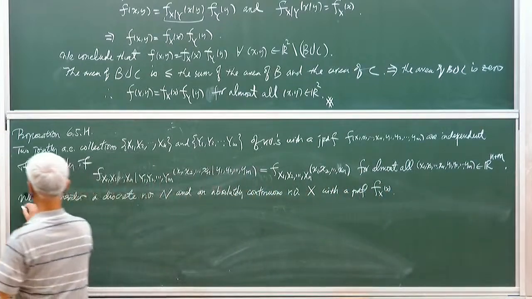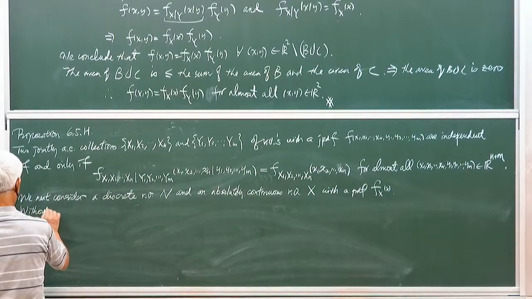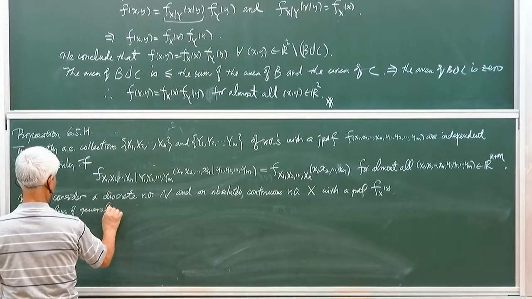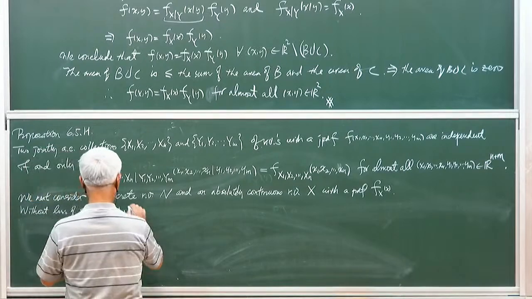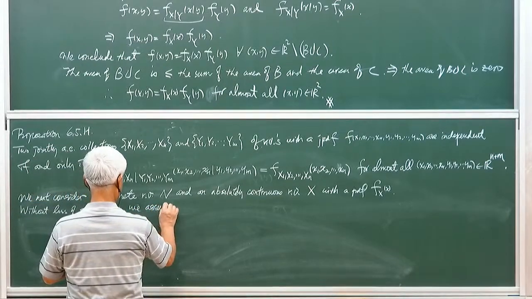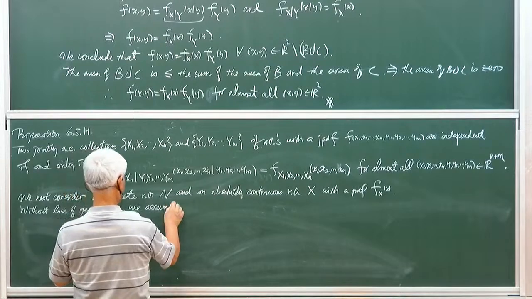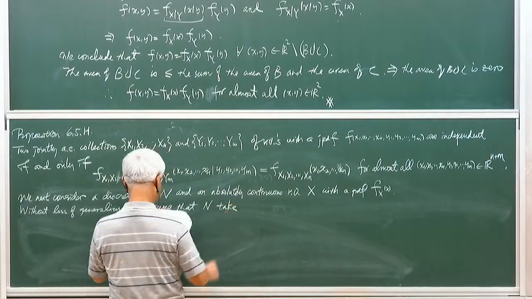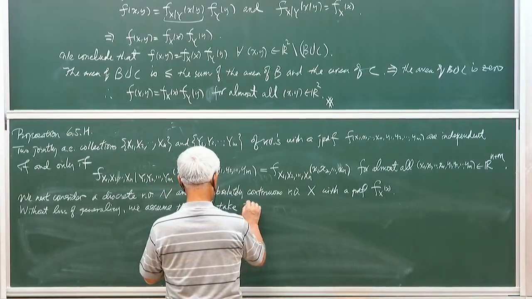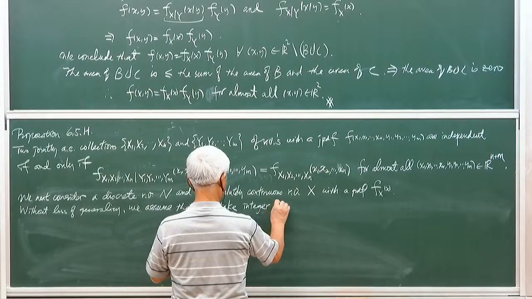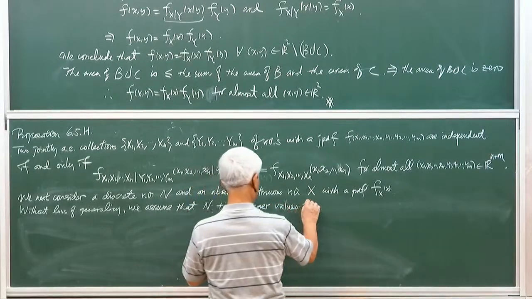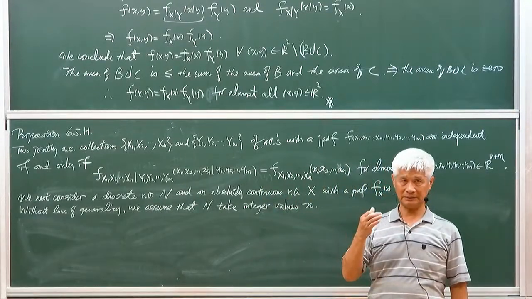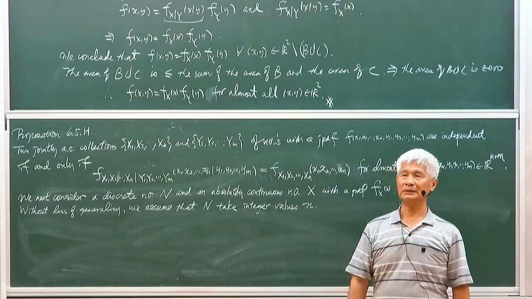And without loss of generality, we assume that N takes integer values. If we need it, we will say that the discrete random variable has integer values.